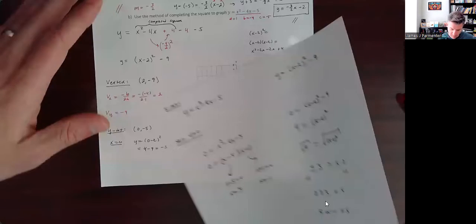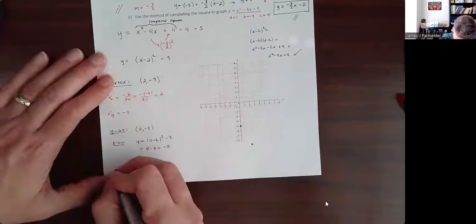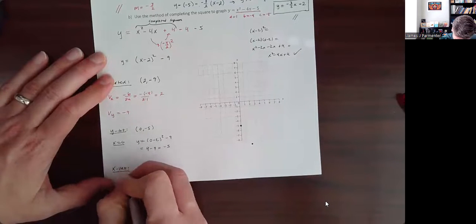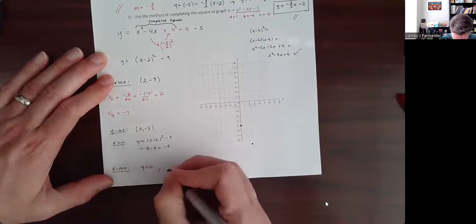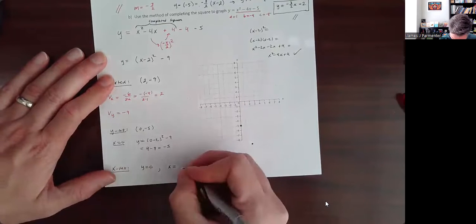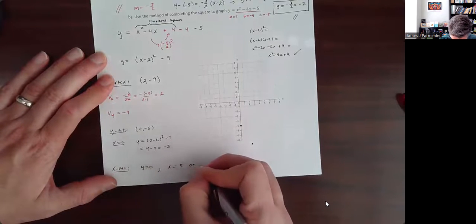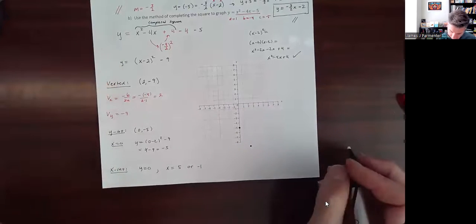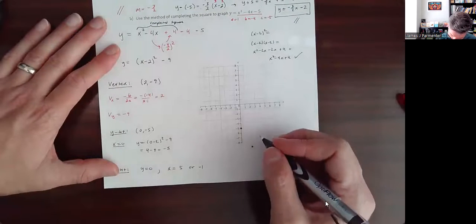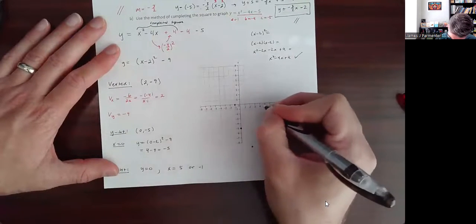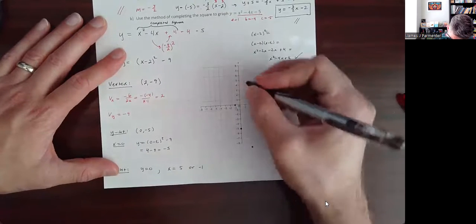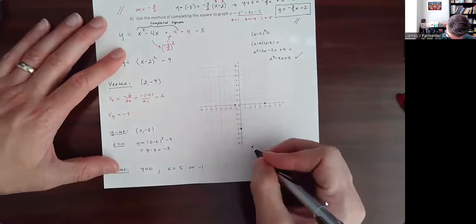So our x-intercepts, we set y equal to 0. We ended up getting x equal to +5 or -1. Let me graph those. -1, +5. Let me try and plot this thing.